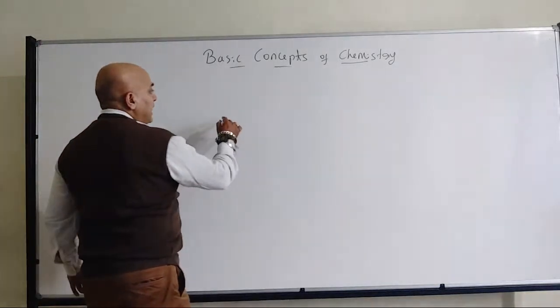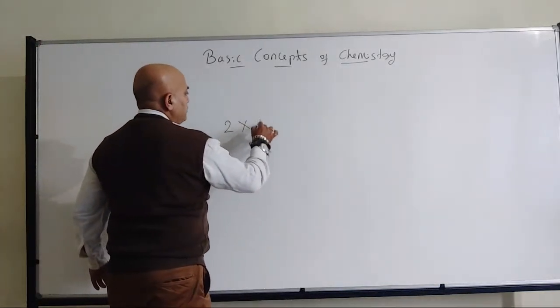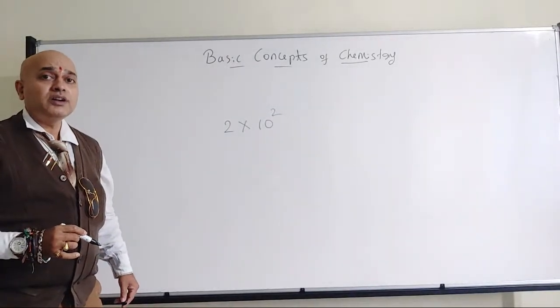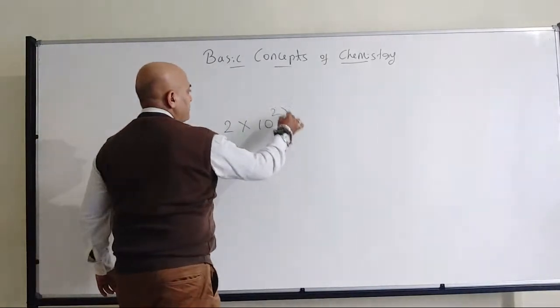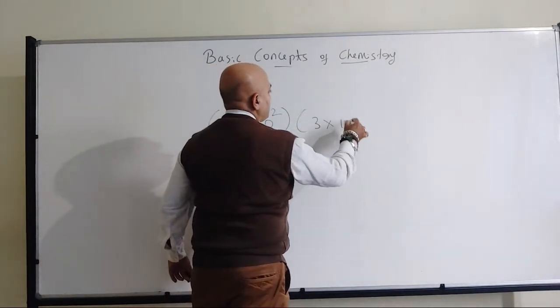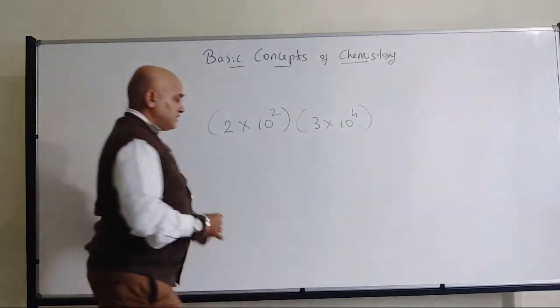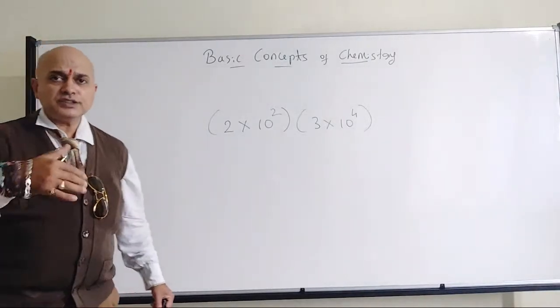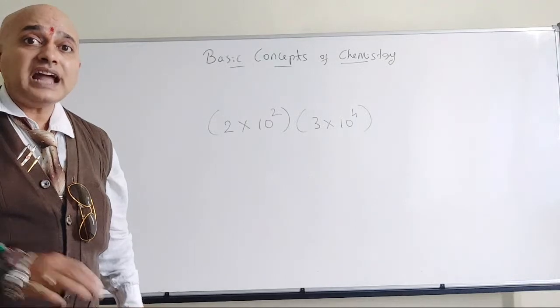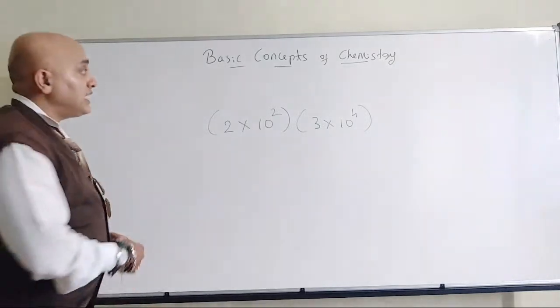Say for example, I have 2 into 10 to the power of 2, which is multiplied by 3 into 10 to the power of 4. I have to solve. While solving, I got this particular value. Now further I have to solve. How to do that one?